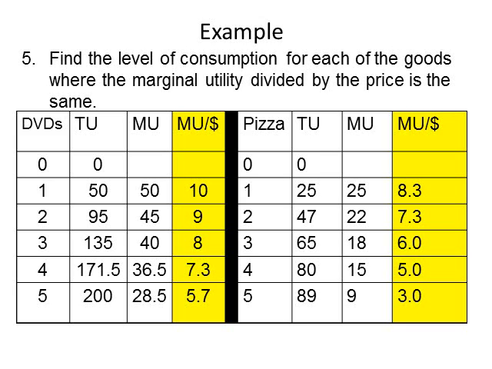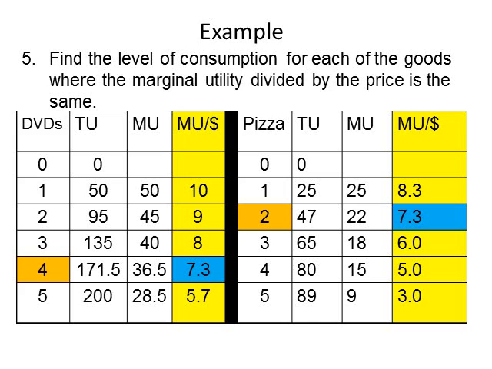Now we're going to compare the two columns where we've divided the marginal utility by the price. I've labeled these MU divided by dollar sign. We should notice that at some point the marginal utility divided by price is equal in both columns. In this case, this happens when 4 DVDs are consumed and 2 pieces of pizza are consumed.